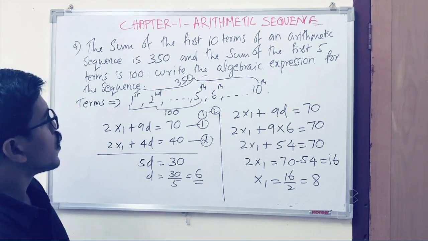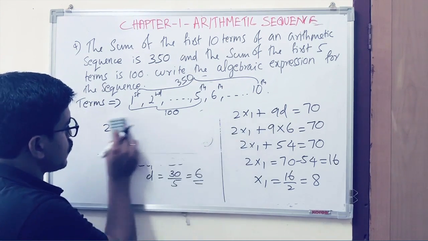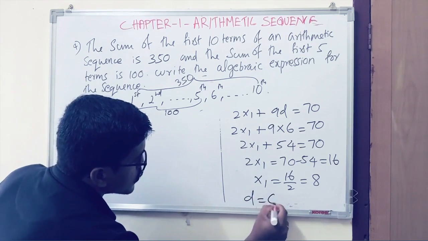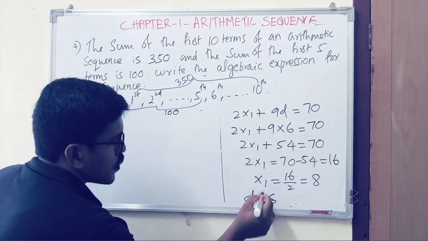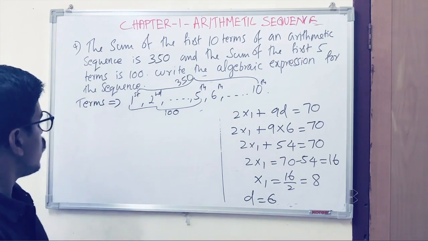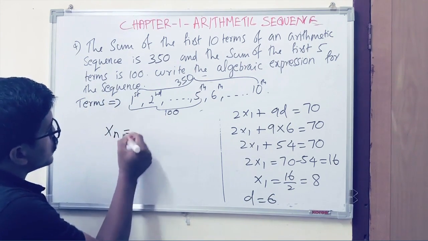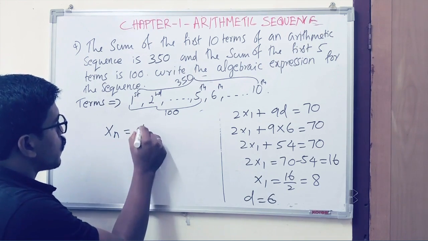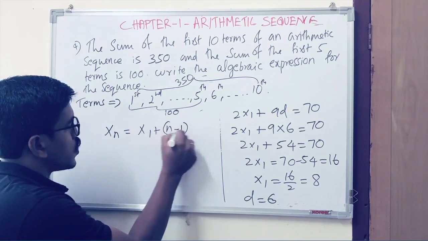Now we can easily find the nth term. The common difference we already got as 6, and the first term as 8. All of you know the formula for the nth term: xn is equal to x1 plus (n minus 1) into d.